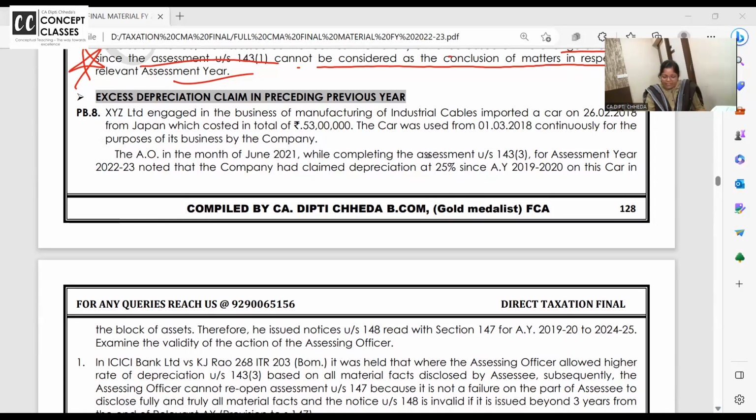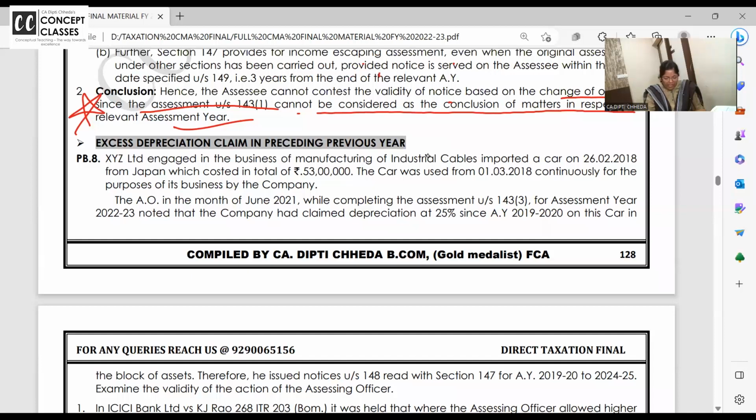XYZ Limited is engaged in manufacturing some cables and imported a car from Japan for 53 lakhs. The car is used continuously for business purposes, so we can claim 15% depreciation on motor car. It comes under plant and machinery.